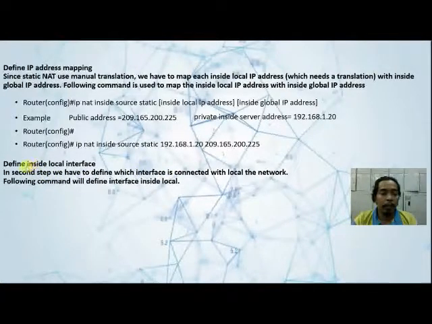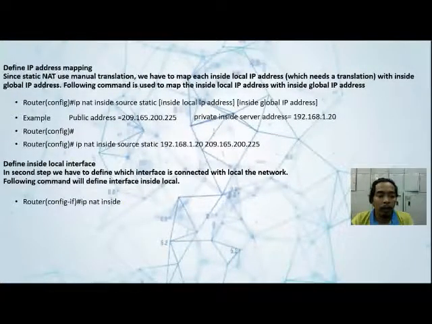Then we go to the second step, which is to define the inside local interface. We have to define which interface is connected to the local network. The configuration command is ip nat inside.